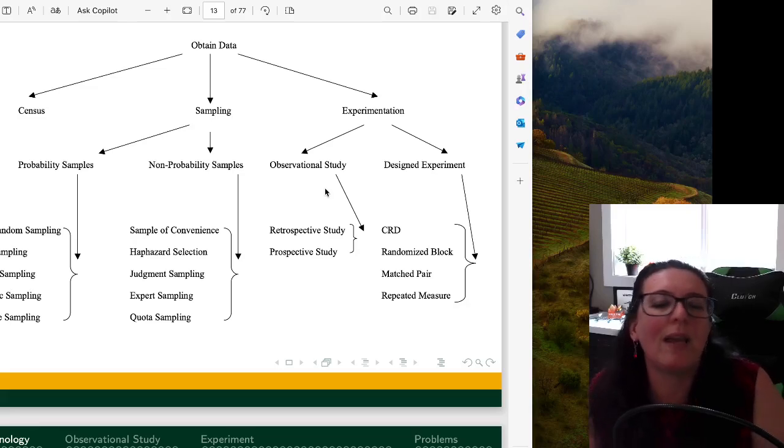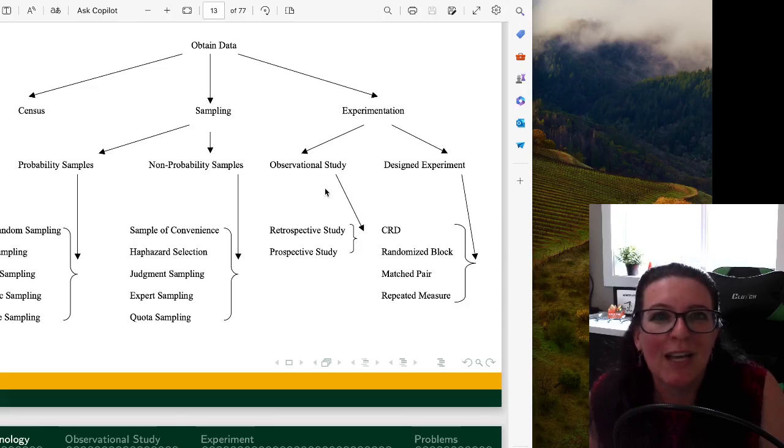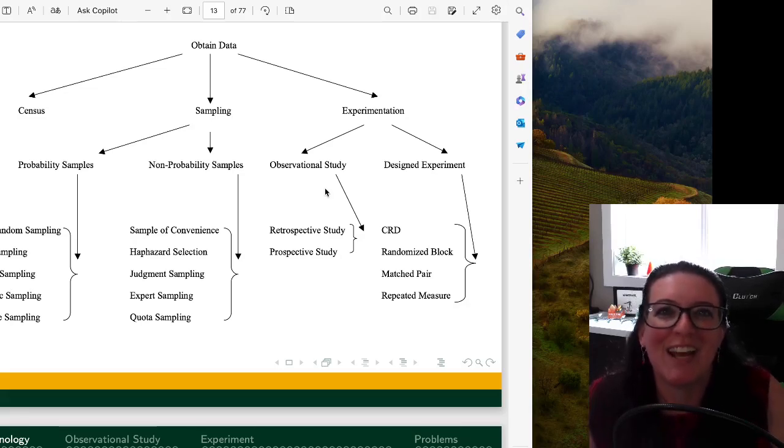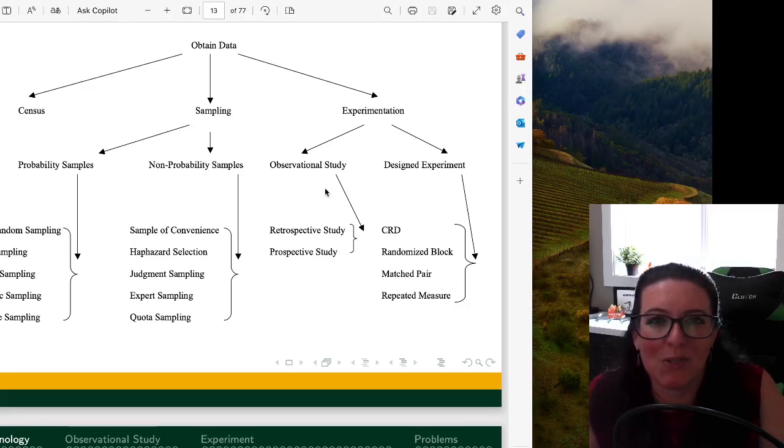And we talked already about observational research in terms of observing people as they do something, or digging through their garbage and looking for evidence that something happened. So that retrospective is looking at evidence that something already happened, and prospective is observing it while it happens.